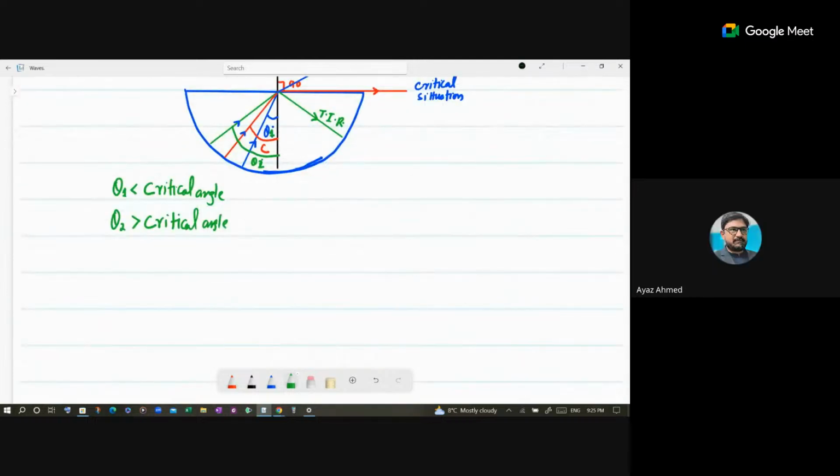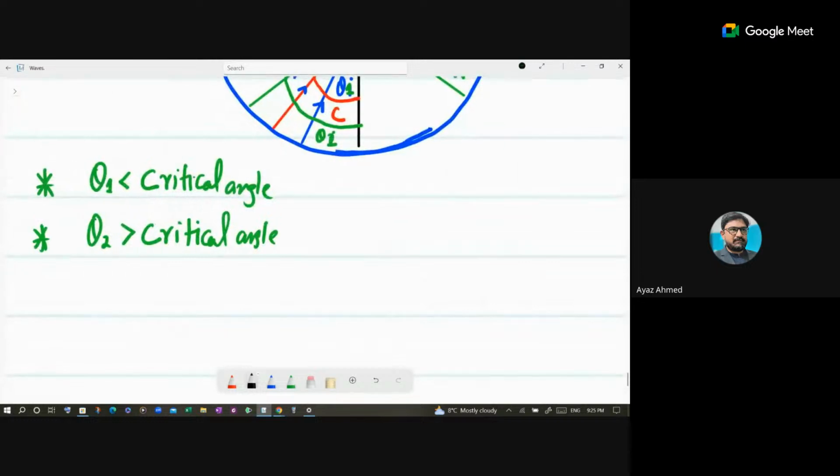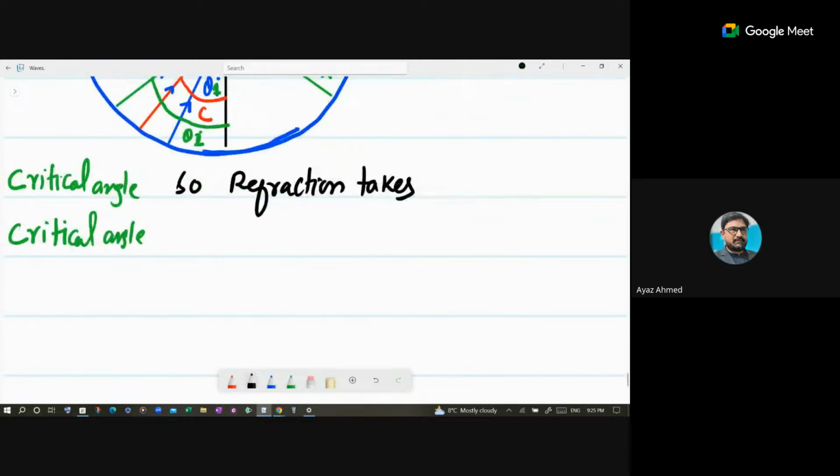So I can say that in condition number one, theta one is less than the critical angle, so refraction will take place. Okay, Ariba, is it clear to you as well?